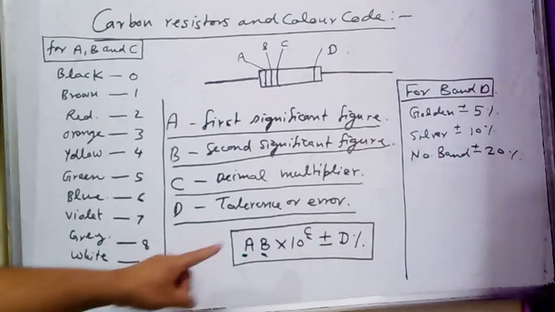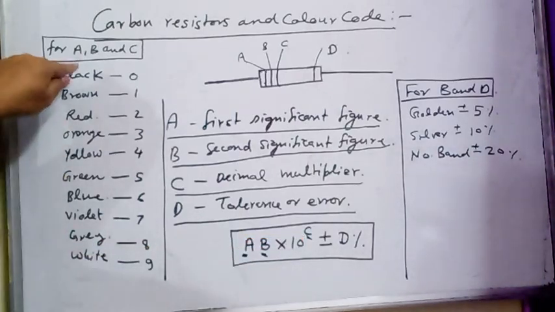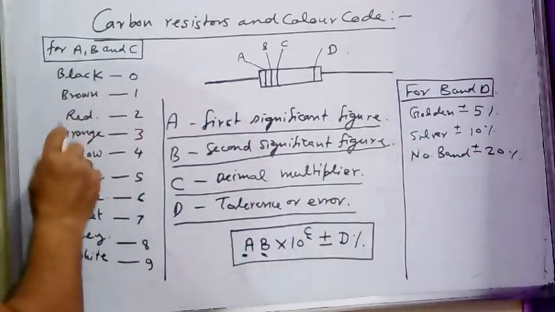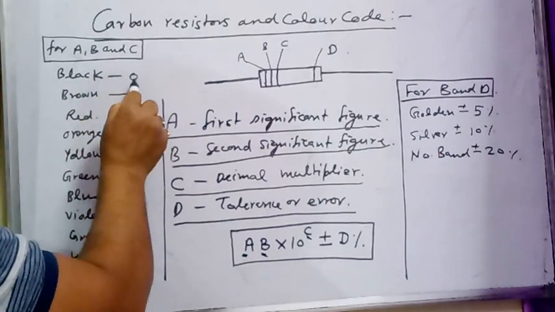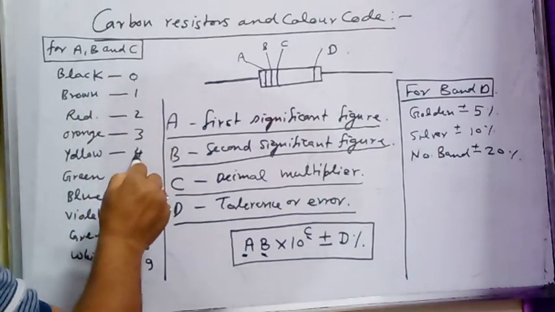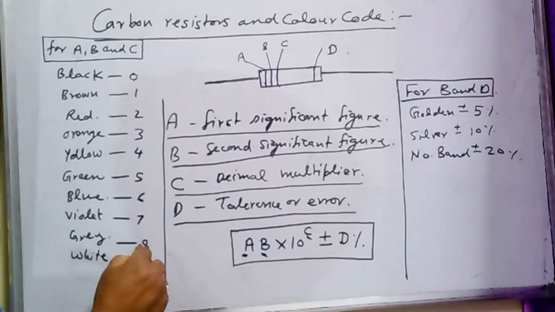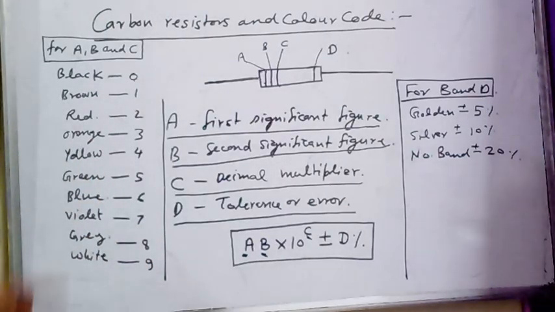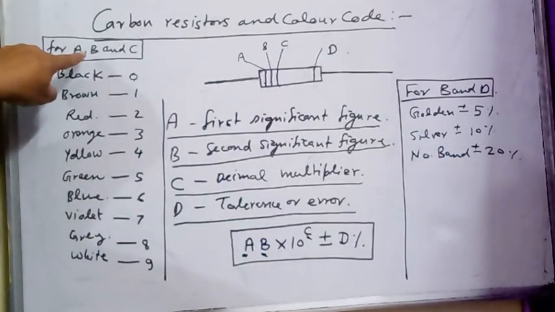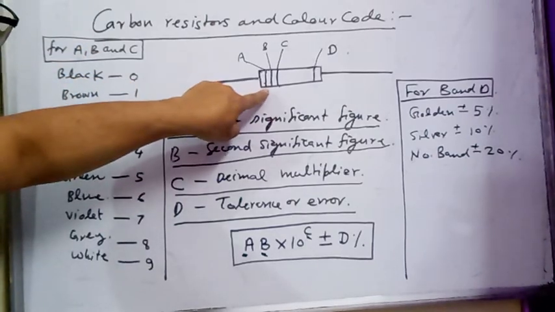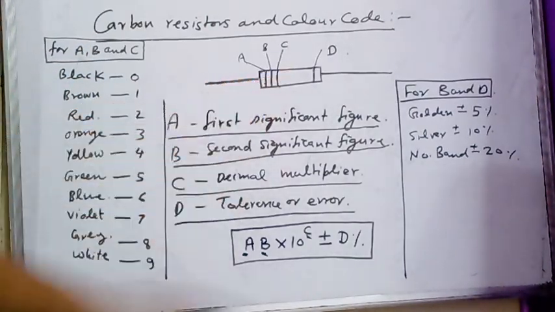If rings A, B and C are of any of these colors, their values are going to be 0, 1, 2, 3, 4, 5, 6, 7, 8, 9. But this color code is for only the first three rings: ring A, ring B and ring C.